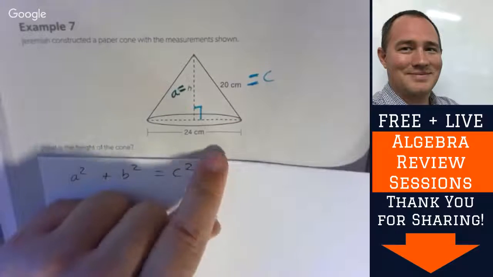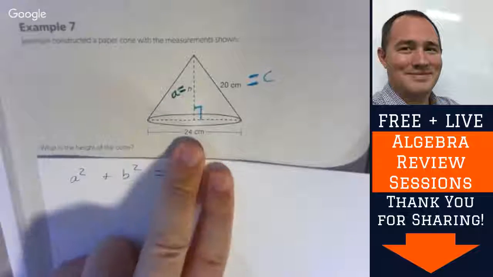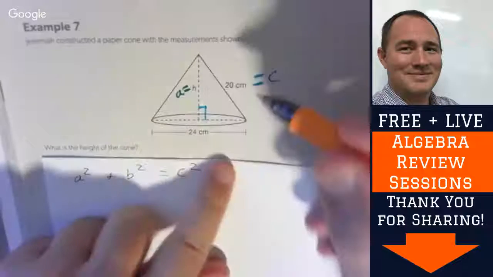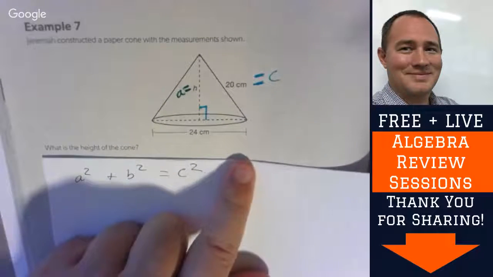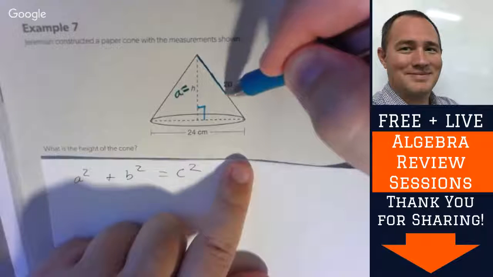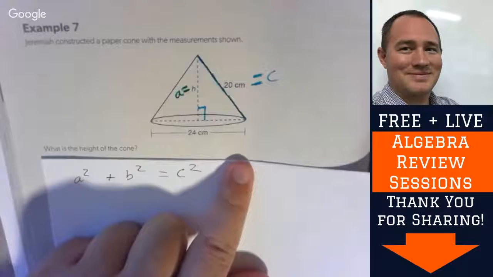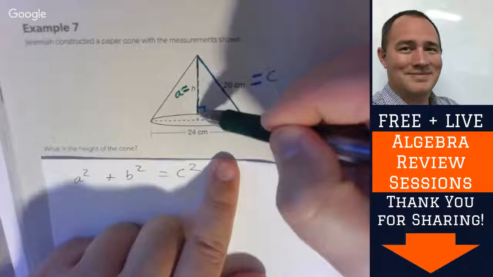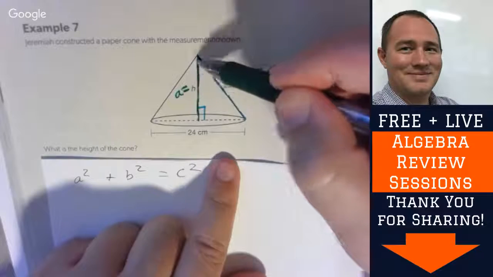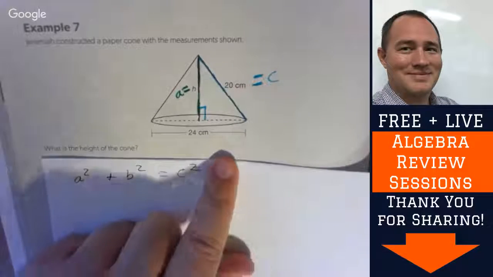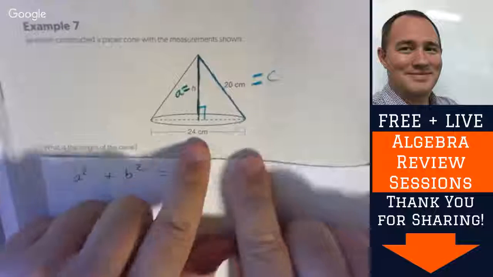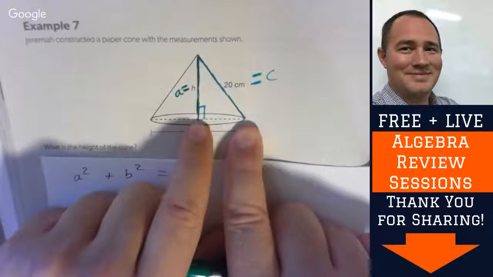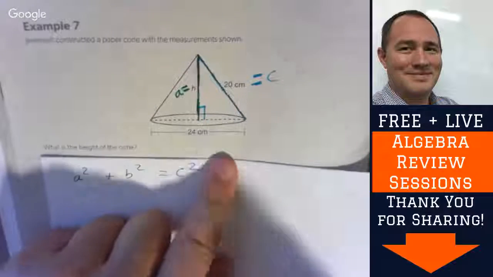So what is B? It may be tempting to say, oh, B is 24. But be careful, because ultimately what we want is, if this is the hypotenuse, and that's C, and this leg is H, our A leg, then it would make sense that the segment joining this other end of the hypotenuse to this end of this leg is going to be B, correct?